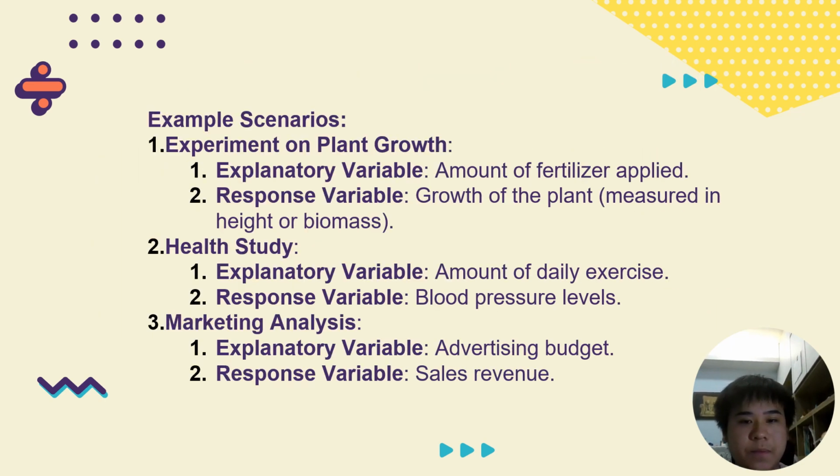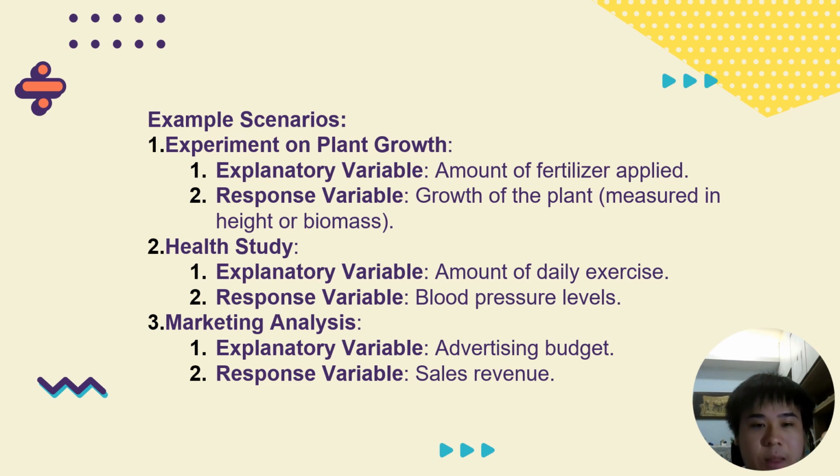Now, let's have some examples. For an experiment on plant growth, the explanatory variable will be the amount of fertilizer applied, which is the independent variable. You can change that variable; it's not the one you measure. The response variable is the growth of the plants, which is what you're trying to measure. That is the response of the experiment. You can measure height or biomass, depending on the study.